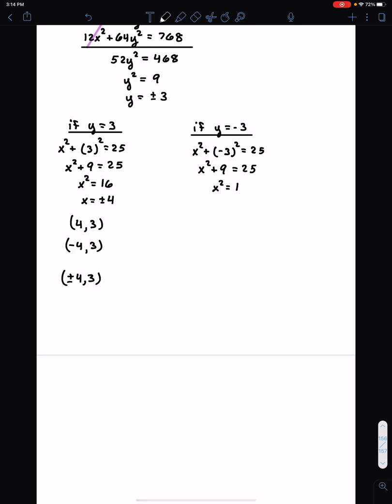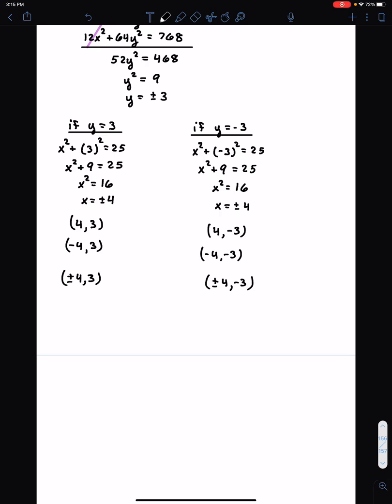So x squared is 16. So x is again plus or minus 4. So 4, -3, and -4, -3. If I combine those, it would be plus or minus 4, -3.